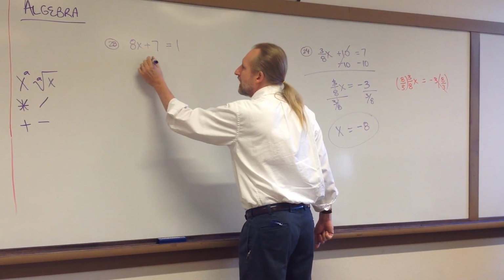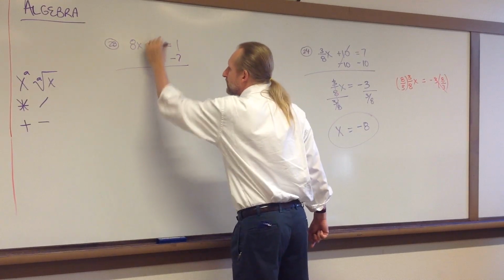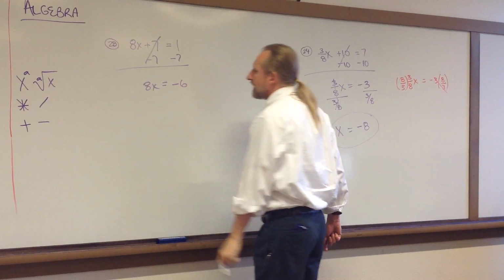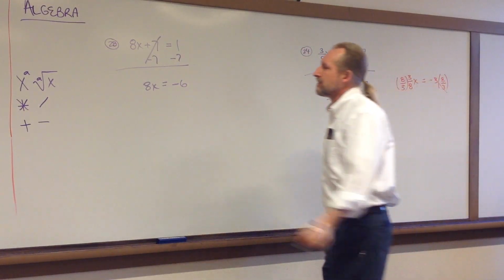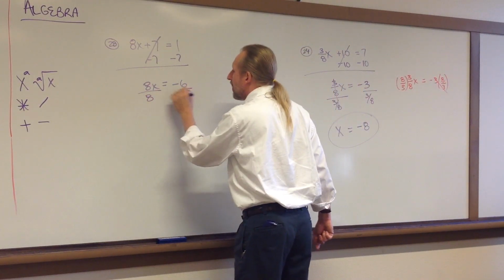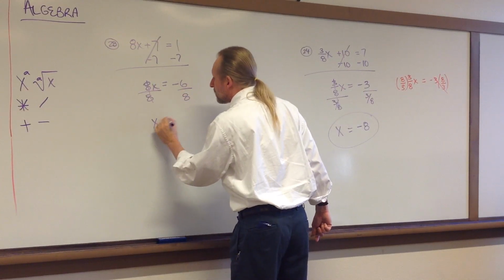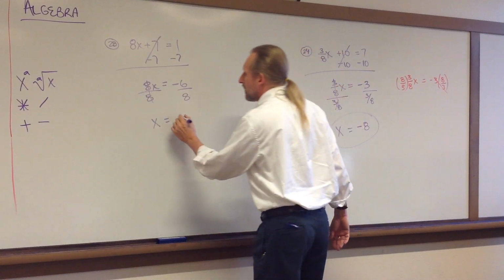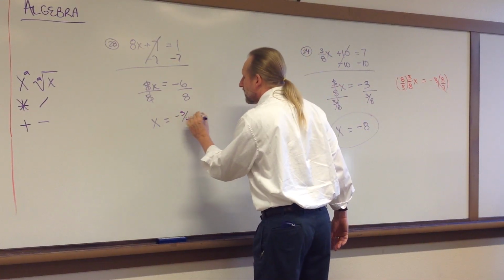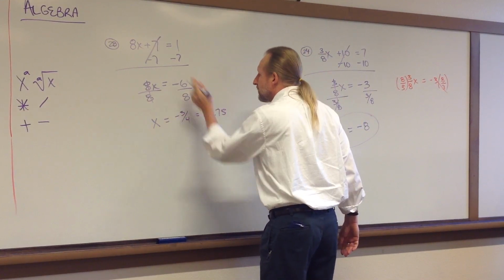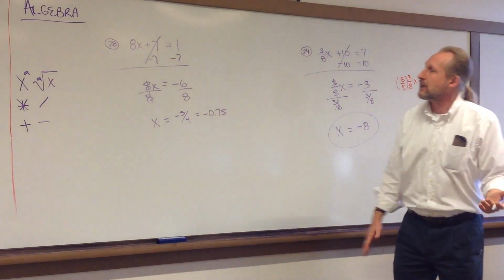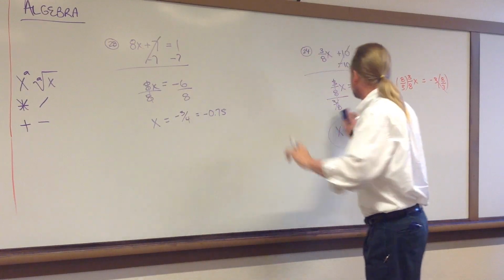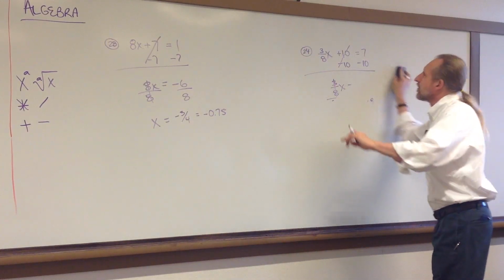We've got a positive 7 here. That means we want to subtract 7 on both sides. 1 minus 7, negative 6. And then divide on both sides by 8. And so negative 6 over 8 is not in lowest terms, so if you want to leave it as a fraction, it'll be negative 3/4. If you want to do negative 6 divided by 8 on your calculator, you'll get negative 0.75. Both those answers are correct. Either one is fine.